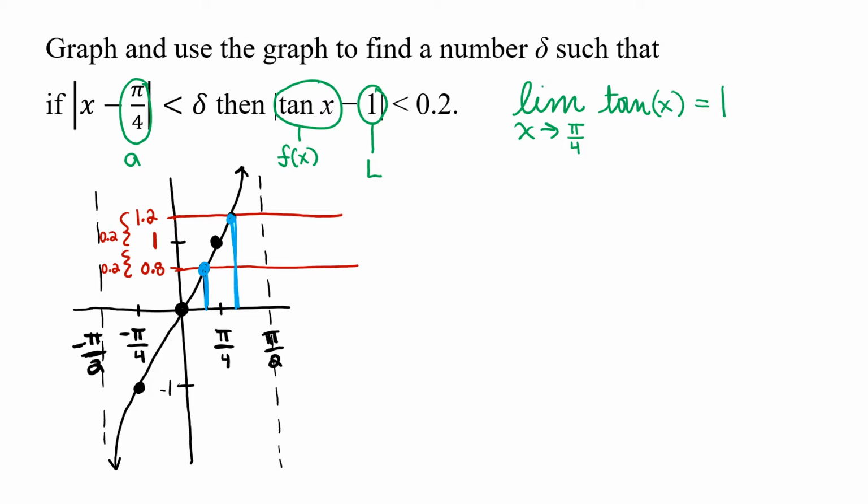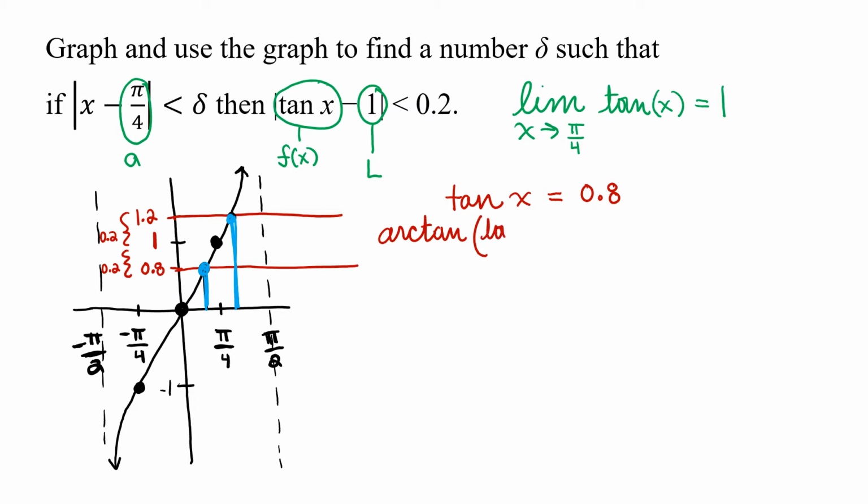So just like before, when we had that square root of x as our function, we know that our outputs for tangent x are 0.8 and 1.2. So we can solve this. So we have tangent x is equal to 0.8. And that means, well, the inverse of the tangent function is arctangent. So we can take the arctangent of both sides of this equation.